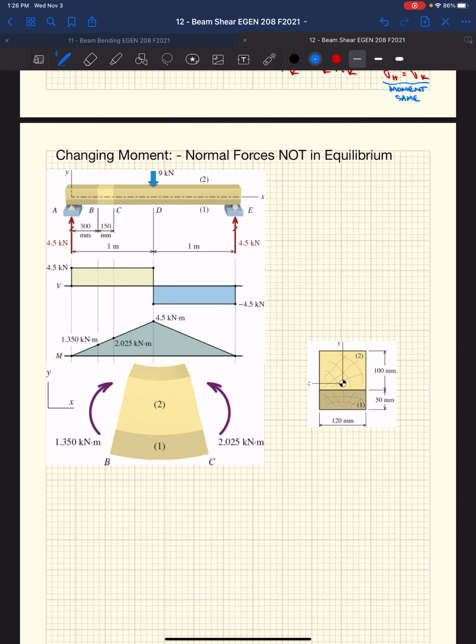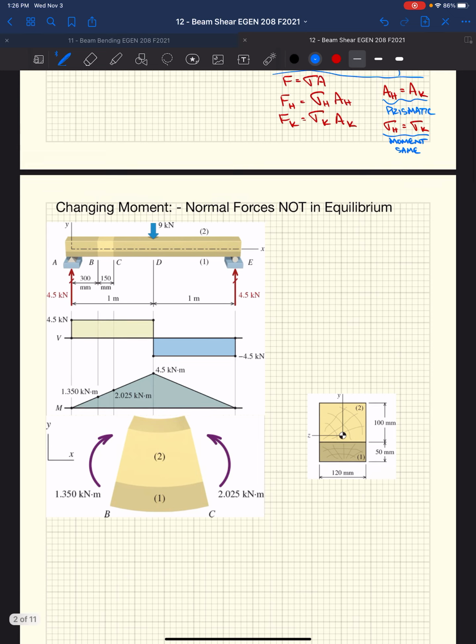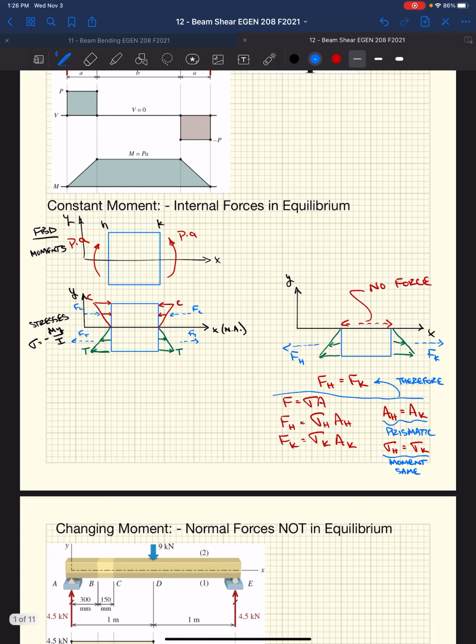What happens when we have a changing moment? Well, if we have a changing moment, you can imagine these forces become different, right? The forces become different because the moment changes the stresses that are on each side of this cross-section.